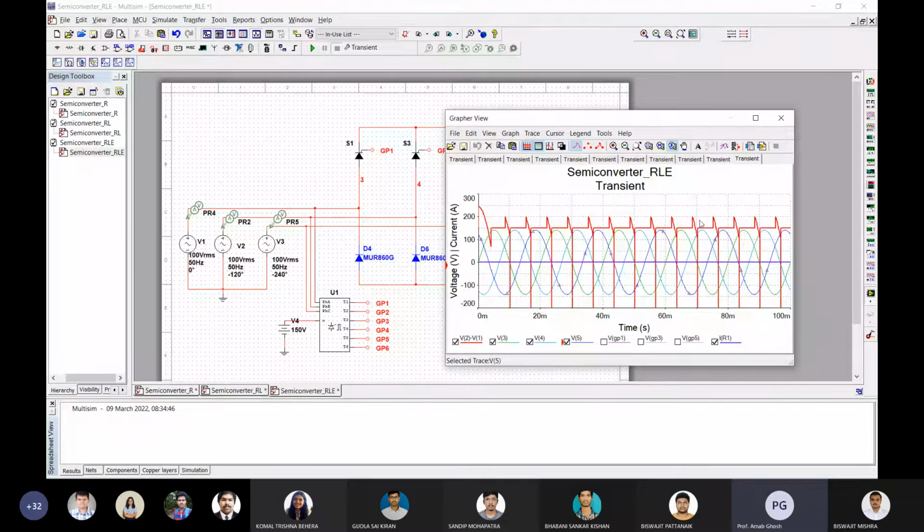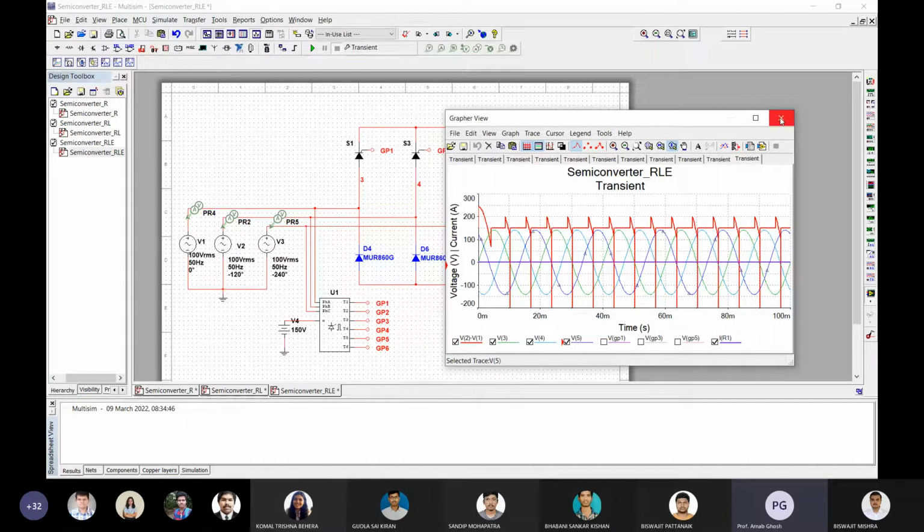Vishwajit, did you prepare the table I told you about in the last class, for all the converters, regarding the efficiency and output voltage? One sheet I told all of you to prepare. No, sir, I haven't done it. Okay, so please show it to me in my next class.